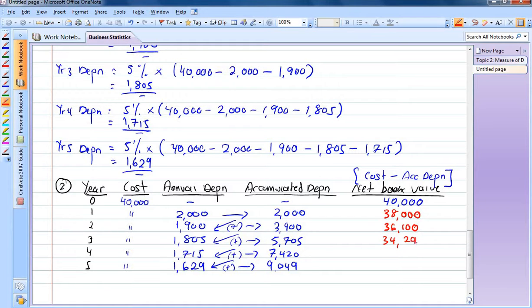Then 34,295. Then 32,580. Then you get 30,951.